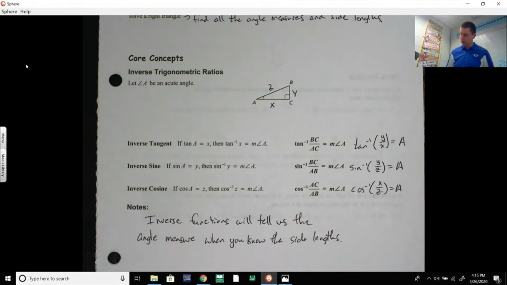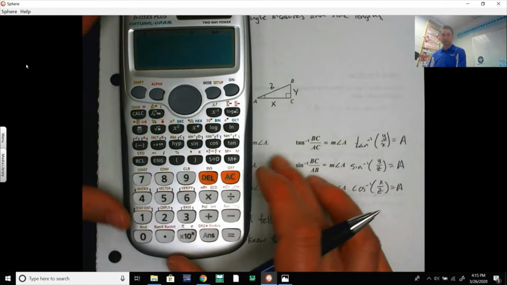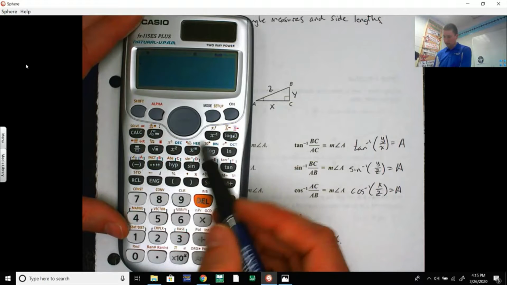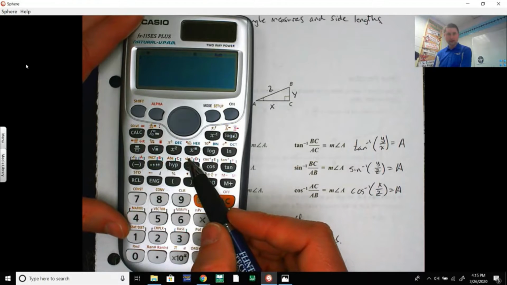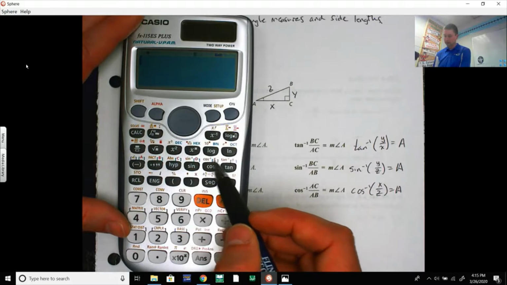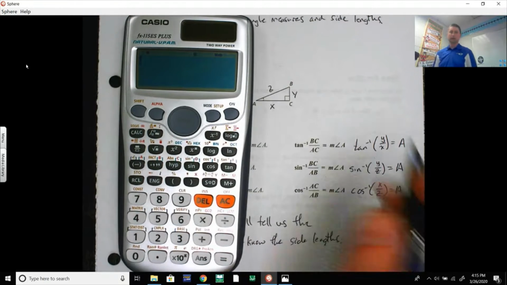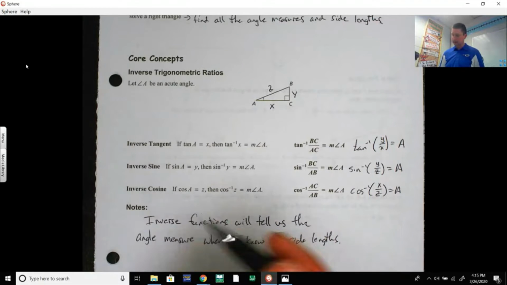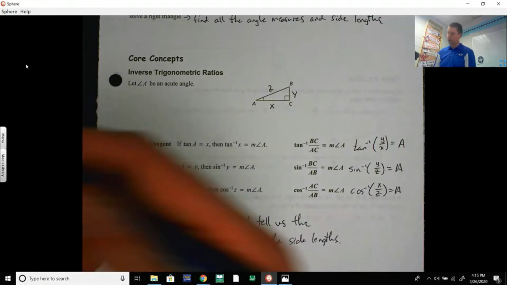On your calculator, these are a lot of times secondary functions. So hopefully you can see, here's my sine, cosine, and tangent. If you look right above it, you see sine to the -1, cosine to the -1, tangent to the -1. Those are the inverse functions that we'll be using. Remember, inverses undo what we did before. So if a sine tells us the side lengths, the inverse sine will tell us the angle measures.